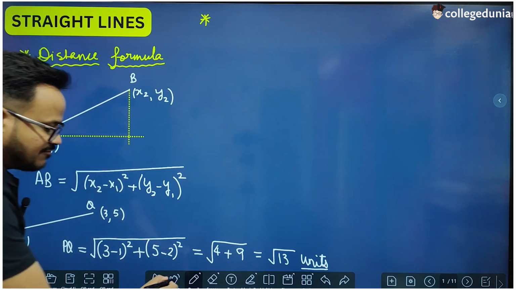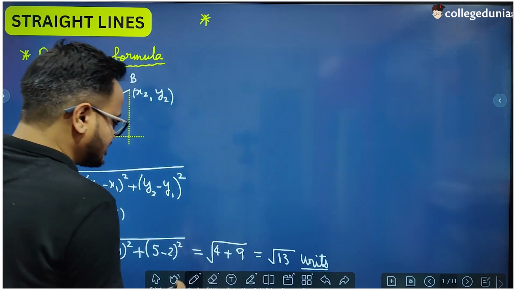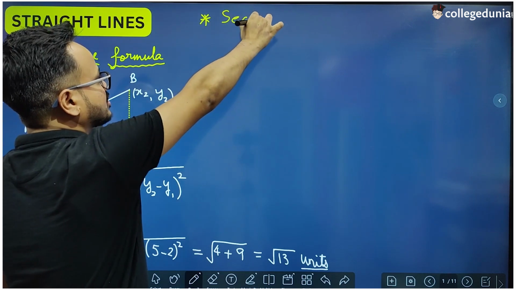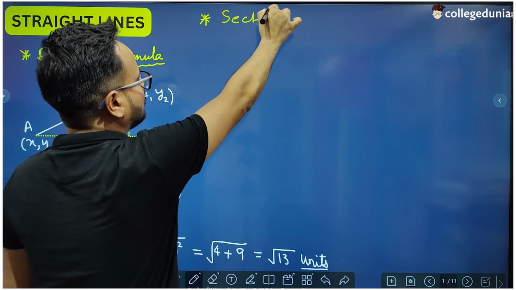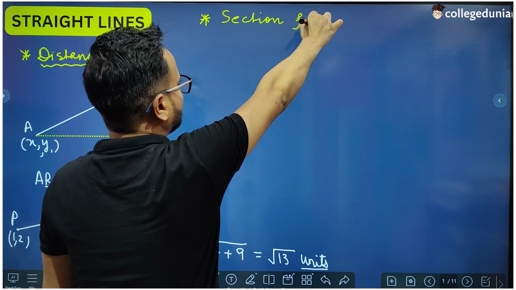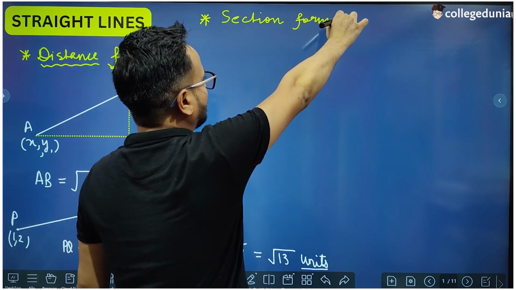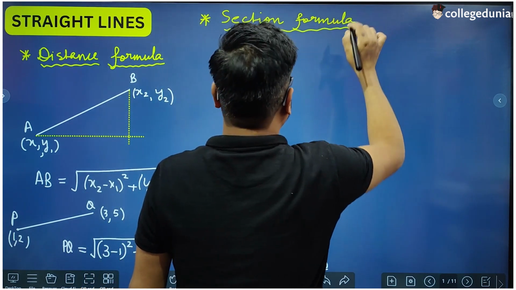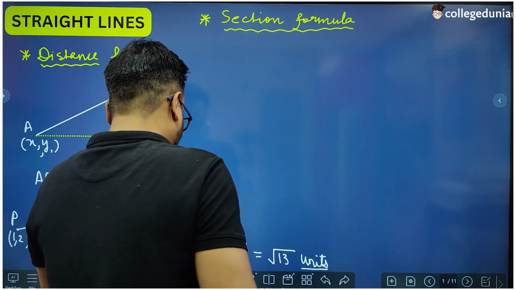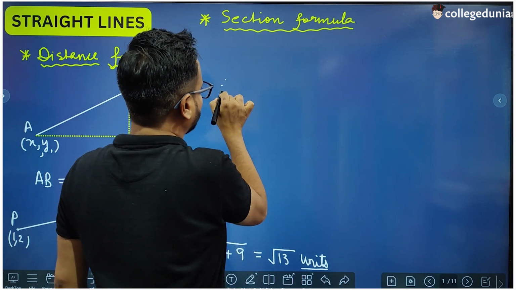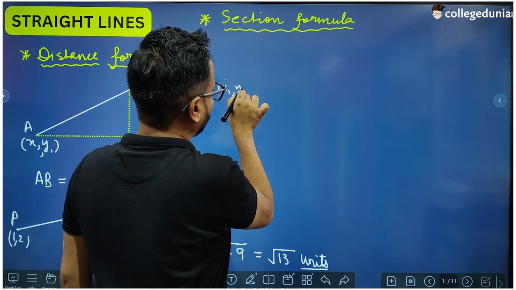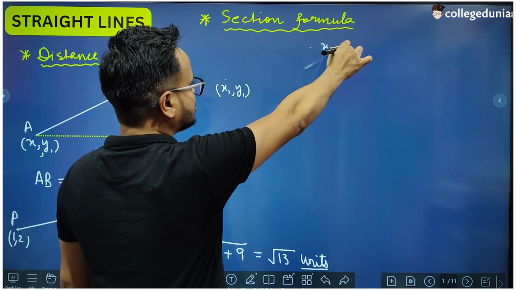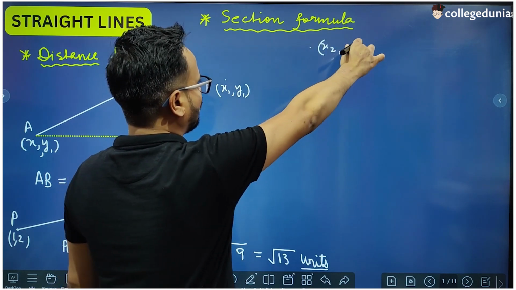The second formula that you have studied in that chapter of class 10th, which is coordinate geometry, was the section formula. Now what is the section formula? Let us say we have again 2 points, x1, y1 and another point x2, y2.